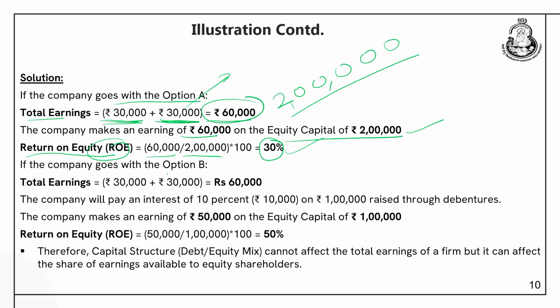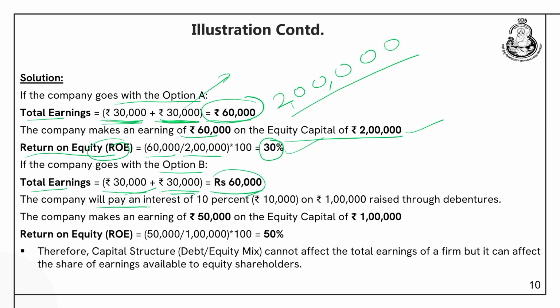Now, let us say the company goes with option B. What is option B? It raises an additional 1 lakh by issuing debentures at the rate of 10%. So, now what will be the total earnings? This 30,000 is on the initial 1 lakh of equity, and this 30,000 is the return it is generating on 1 lakh of debentures. So, 30,000 plus 30,000 is 60,000 the company has generated.